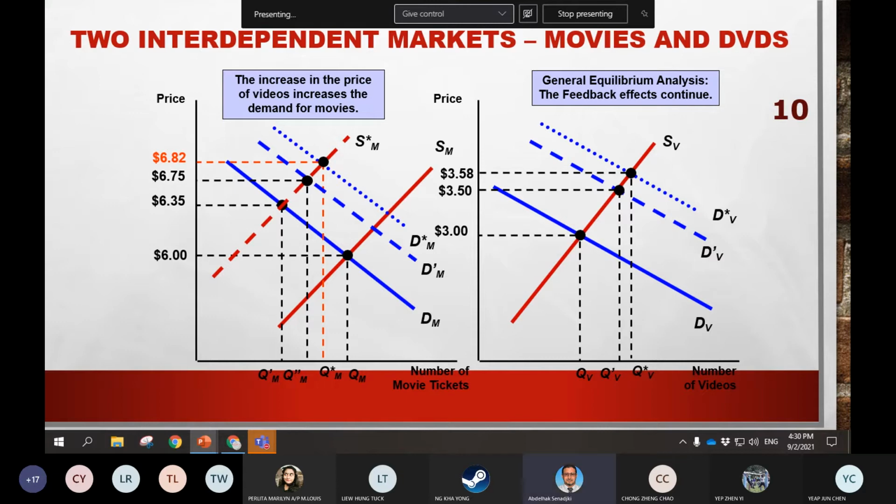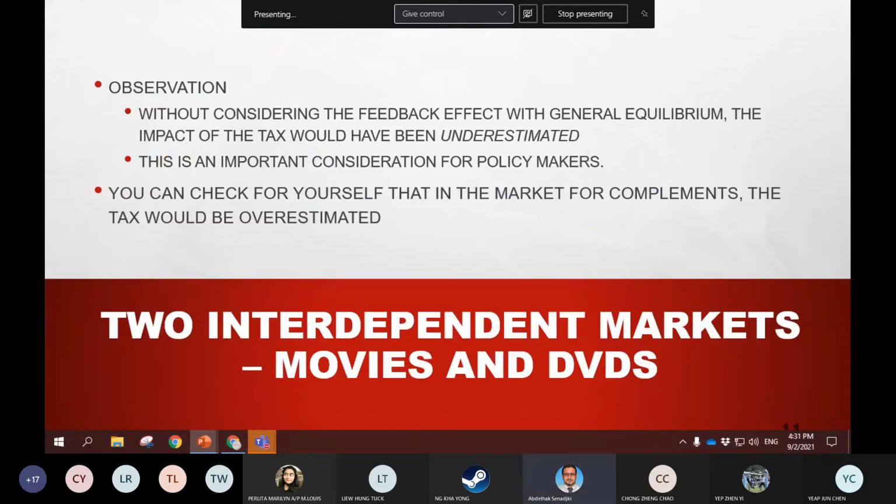So we can say both sets of curves are consistent with the prices in related markets, and we have no reason to expect that the supply and demand curves in either market will shift further in that scenario. So we assume that is the equilibrium. As a summary, we can have two observations.